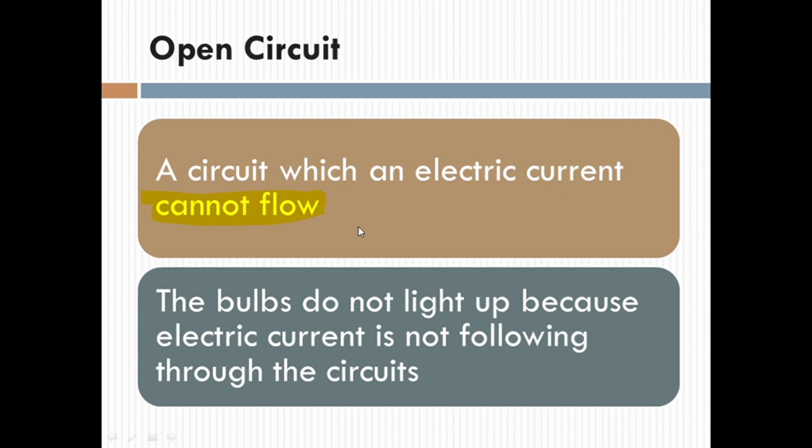What does it mean? It means the bulb or the lamp does not light up because the electric current is not flowing through the circuit. Okay, for the detail, I will explain through the picture after this.